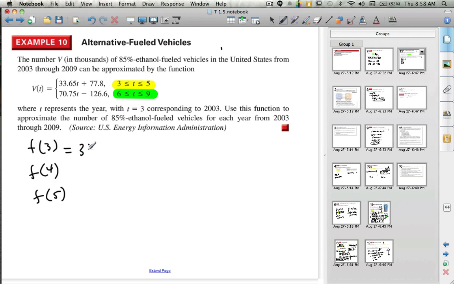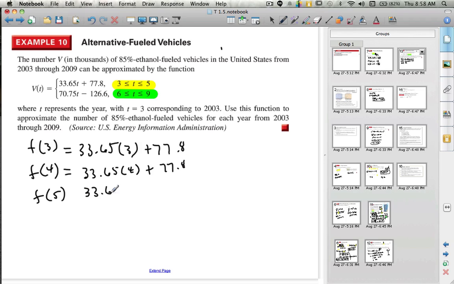So that would be 33.65 times 3 plus 77.8. And this one will be 33.65 times 4 plus 77.8. And this one will be 33.65 times 5 plus 77.8.